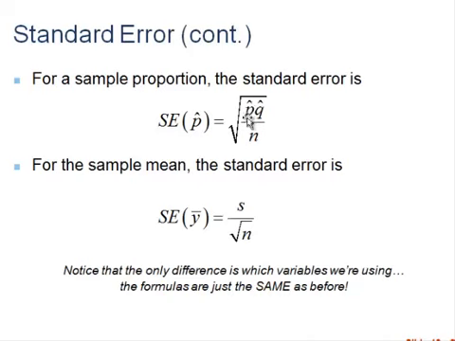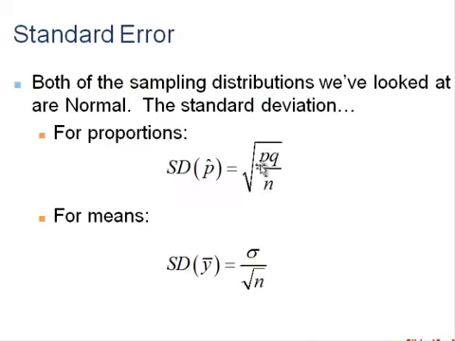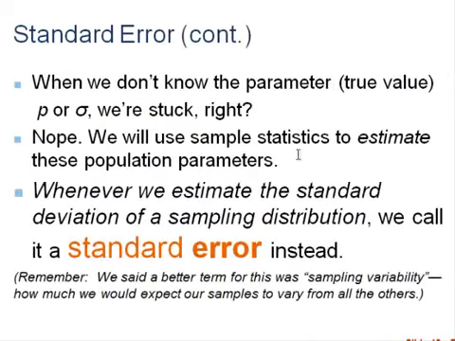So when I use p hat and q hat instead of p and q, this is something we call standard error. So if you don't know the parameter or the true value for anything, whether that's p or sigma or whatever, you can use sample statistics to estimate the parameters. However, anytime that you estimate the parameters, so when you estimate the standard deviation because you don't know the true values to plug into these formulas, those estimations are called standard error.